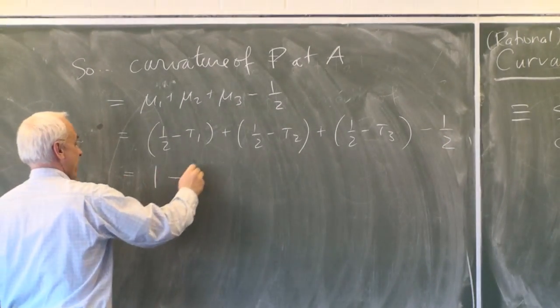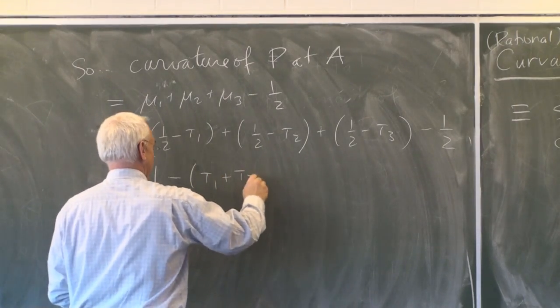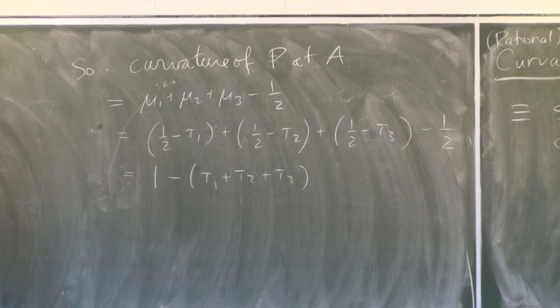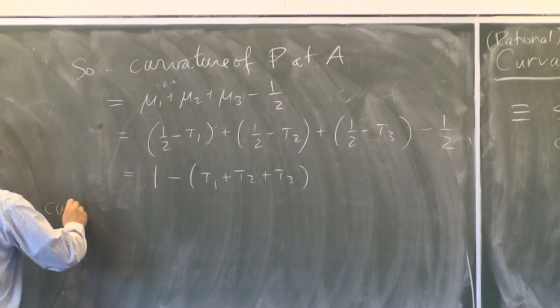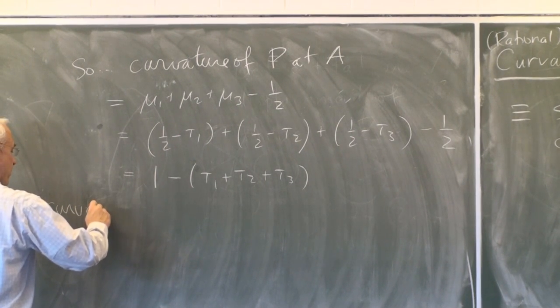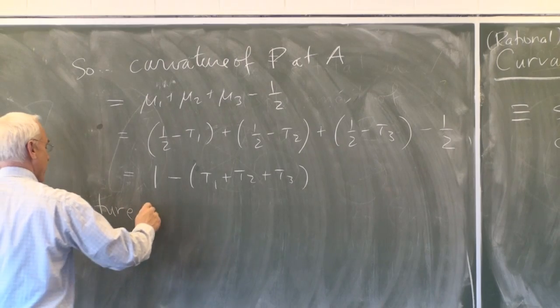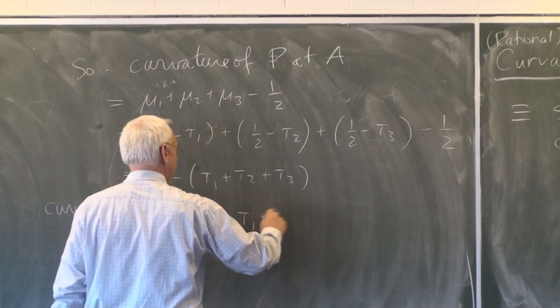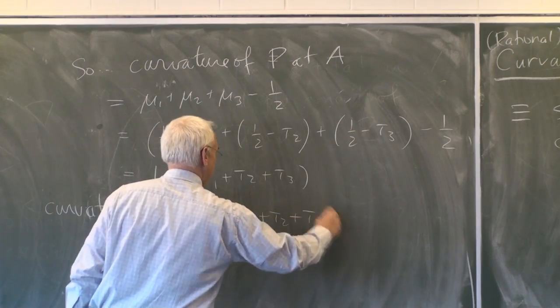And that's equal to 1 minus tau 1 plus tau 2 plus tau 3. So the curvature at A equals 1 minus tau 1 plus tau 2 plus tau 3.